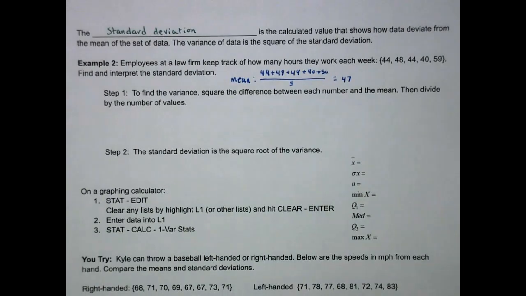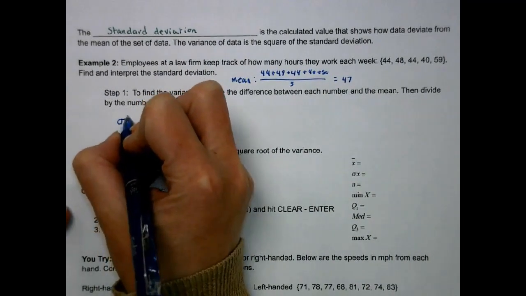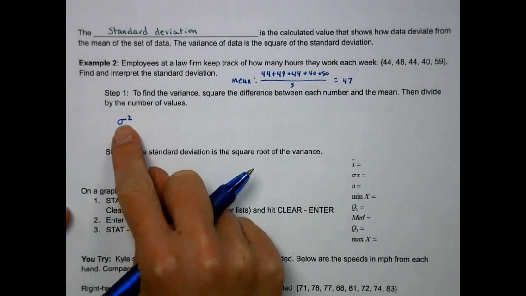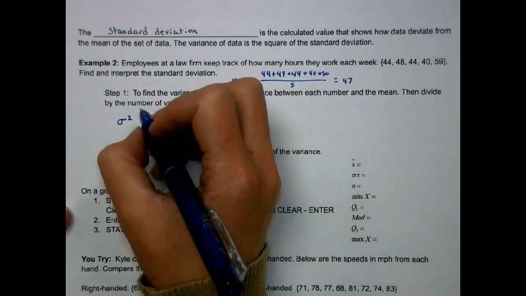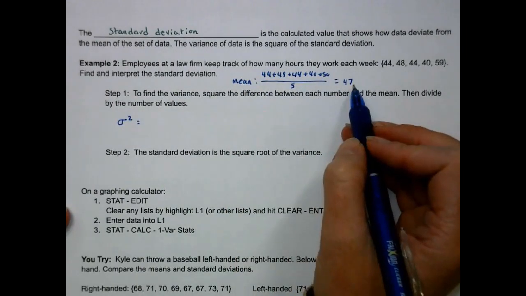Okay, so there's a symbol here. This is a lowercase sigma. This is our symbol for standard deviation. The variance is this squared. So it's calculated by taking the difference between each of these numbers and the average and squaring it.